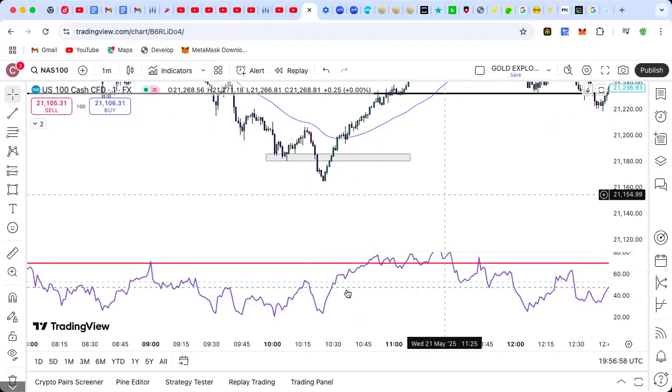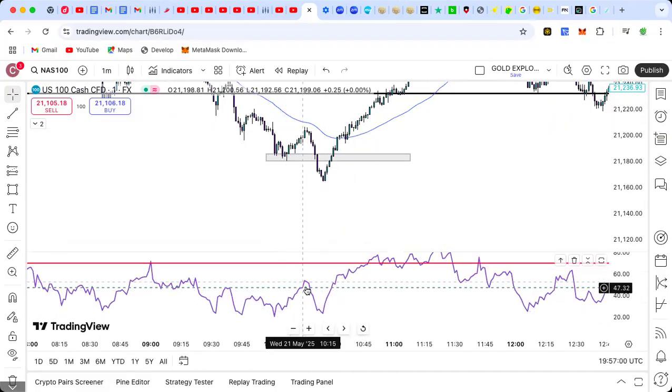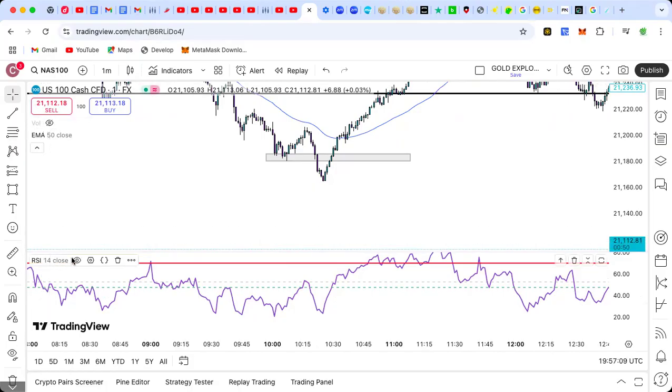And if you look at your RSI, at this point your RSI has climbed up. I use a different RSI style. Let me see here.